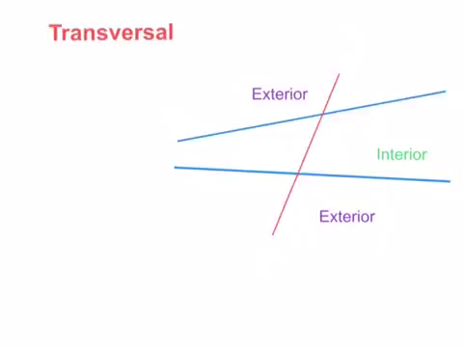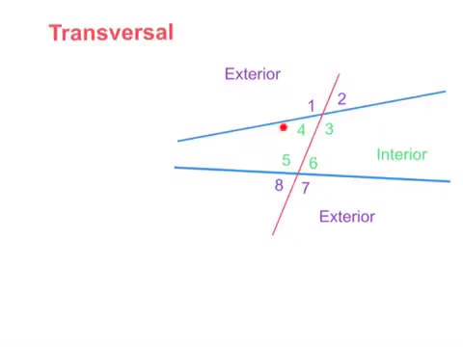So let's put some angles in here so we can get a better look at this. So if we put some angle measures in here, like so, now we can talk about the different angles. For example, angles 1, 2, and 8 and 7 are all exterior angles because they are outside of our 2 lines, whereas angles 4, 3, 5, and 6 are interior angles.